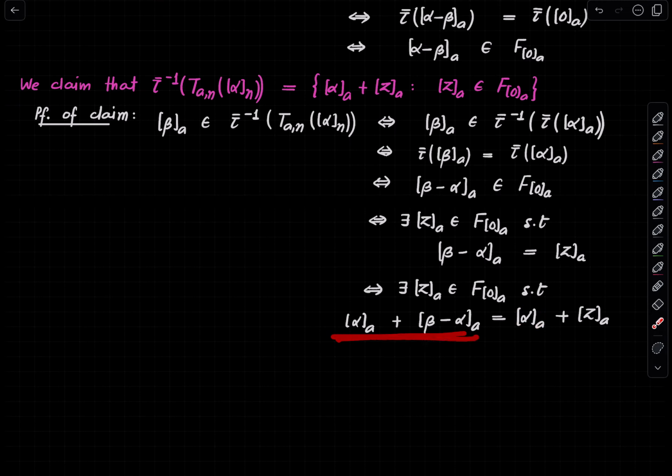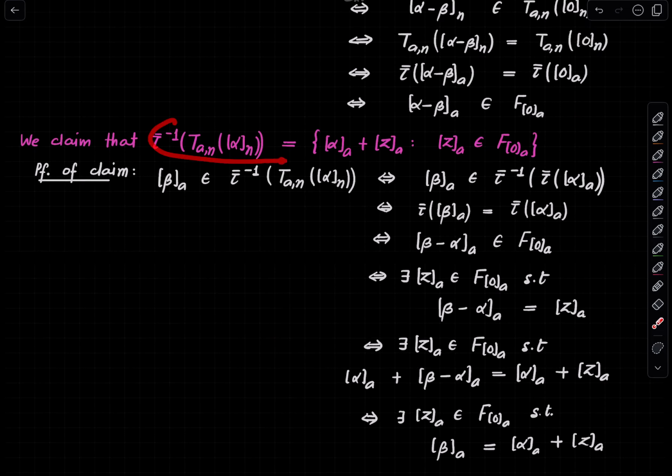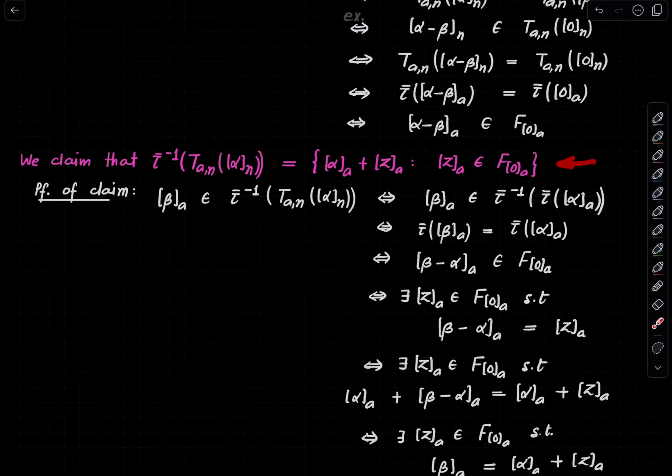But what is this? This is nothing but beta mod A. So there exists something in the fiber above 0 such that beta mod A is equal to that thing. And that's essentially proving this claim. Okay, so I hope I have convinced you of the truth of this, and hence the second equipartition property holds.